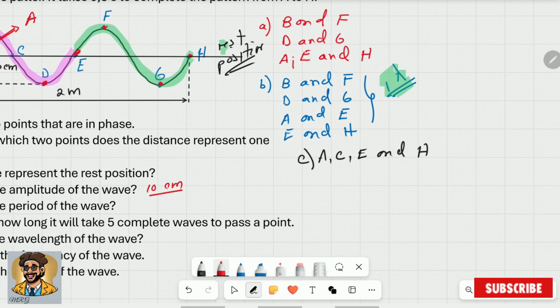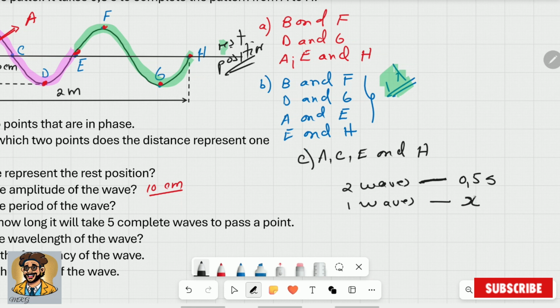0.25. Let's write it here real fast. You say two waves, because period is for one wave, time for one wave. Is that correct? It takes how much? 0.5 seconds. One wave, how much will take?